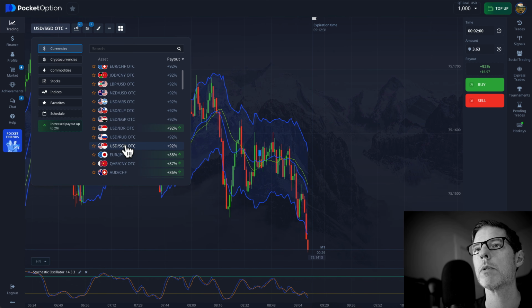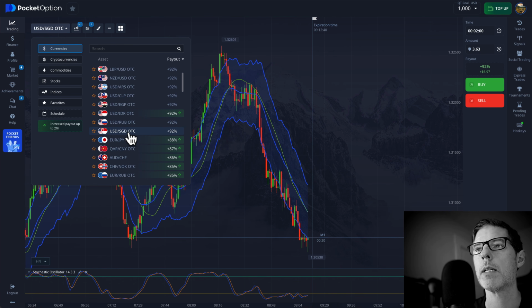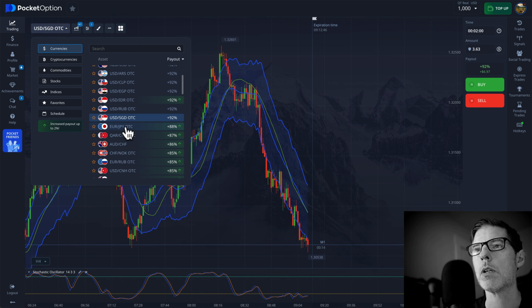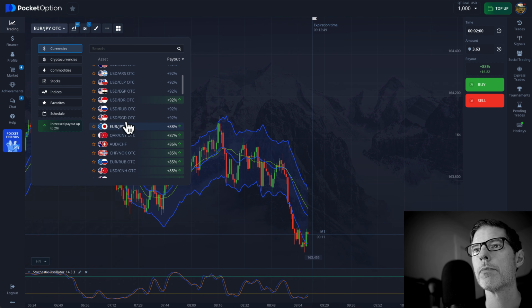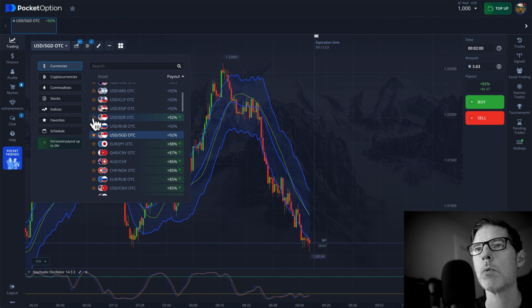So now we're down here with a live market. We've got USD SGD paying out at 92%. Oh, wait, no, that's not live. I thought I just saw a live one there. Let's favorite this one, so that'll keep it up here at the top of the Pocket Option interface in case I want to get back to it later.